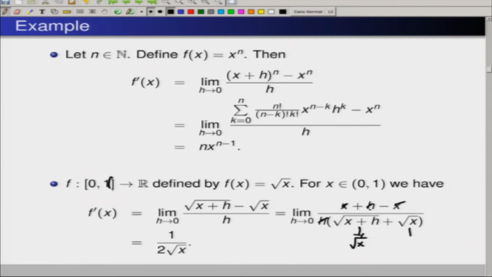There is nothing holy about this; we can always define this function as f from 0 to infinity to R. We can change our domain. If the domain is given to be closed 0, open infinity, then you can say that f is a differentiable function on the open interval 0 to infinity.